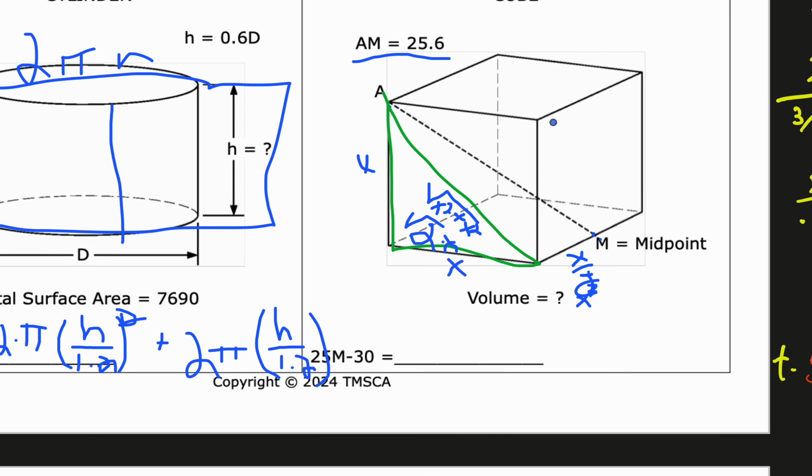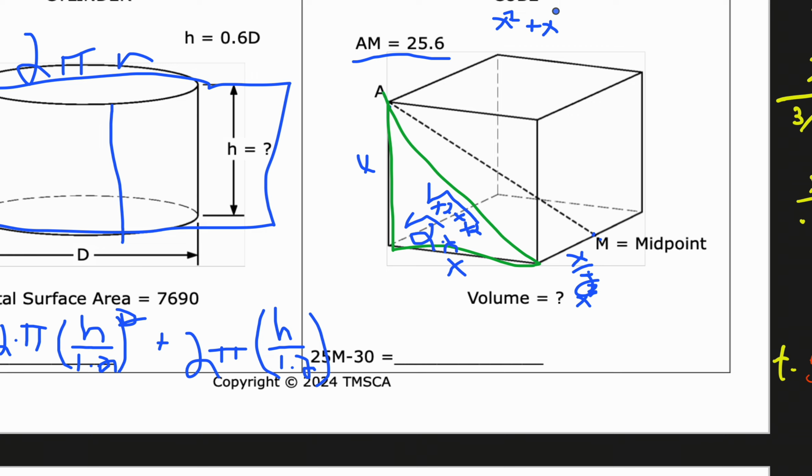Now, one of the ways I want us to try to remember three-dimensional lengths is it's really just an extension of the Pythagorean theorem. So another way we could think of this is x squared plus x squared, and that's because we're going a distance x in each case. So this is like a squared plus b squared.